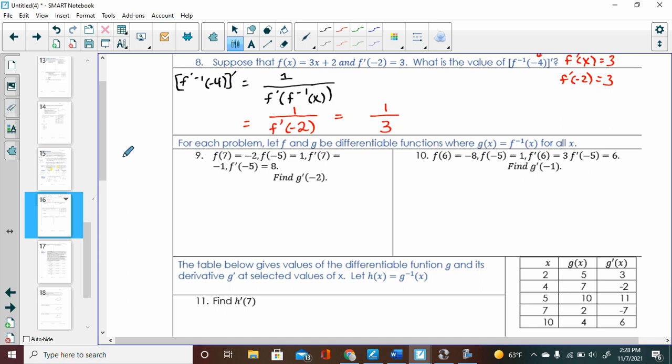So I'm going to write, you could write this as the derivative of the inverse, which is the prime here. This also equals g prime of negative 2. I don't know what makes it easier for you, but let's go ahead and write this out.